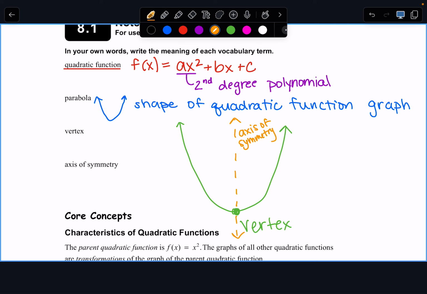Okay, so every parabola is going to have a vertex. Every parabola is going to have an axis of symmetry. And those are two things that I will ask you to find.